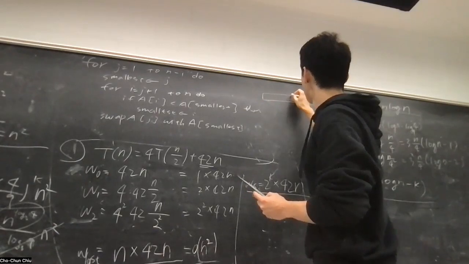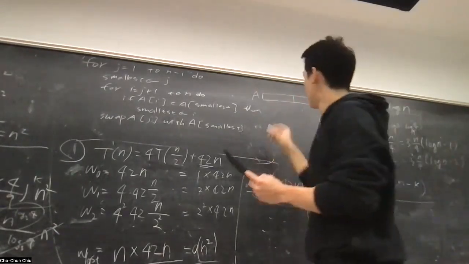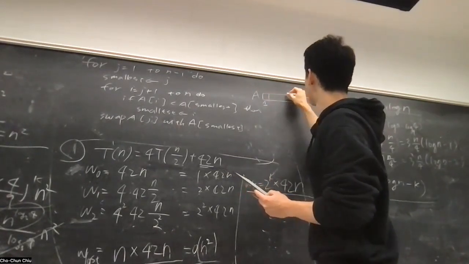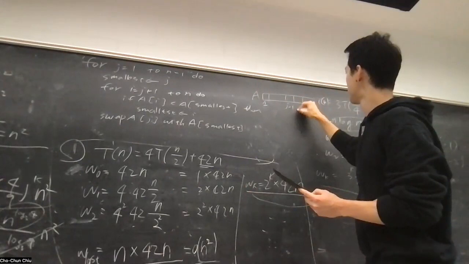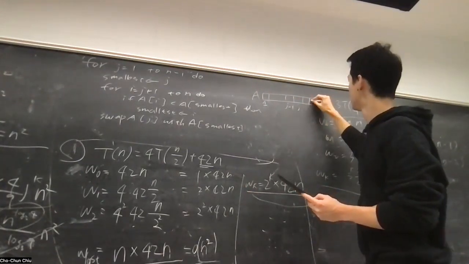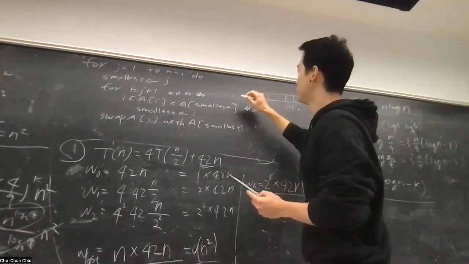Okay, so basically what's the invariant we want to have? That's the array A, and that's the index 1, and that's the index j to n.